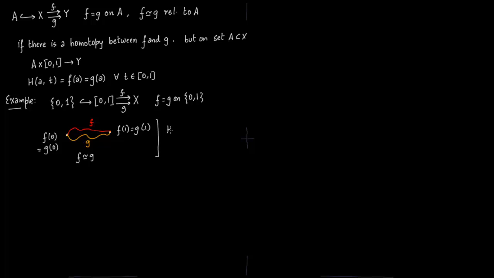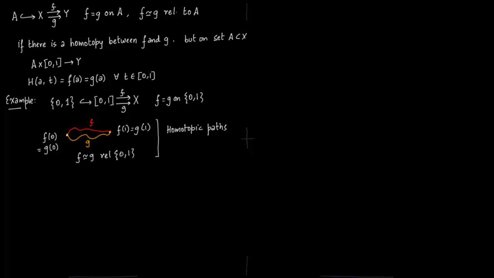So these are nothing but two homotopic paths which have the same endpoints. So F is homotopic to G relative to the boundary of the unit interval.